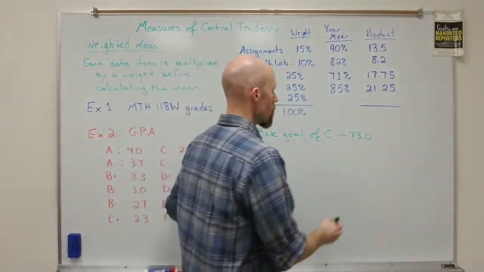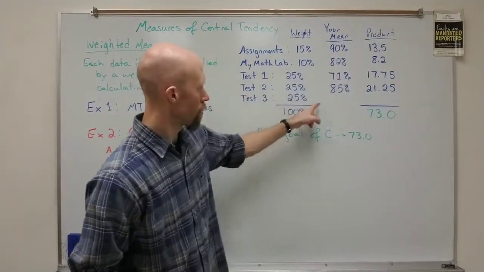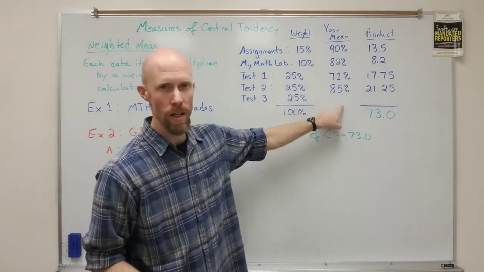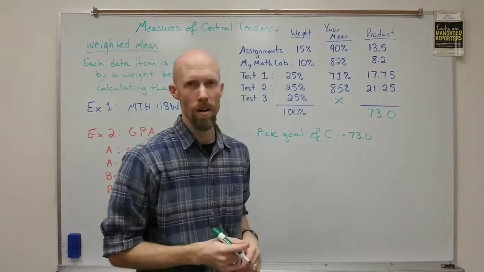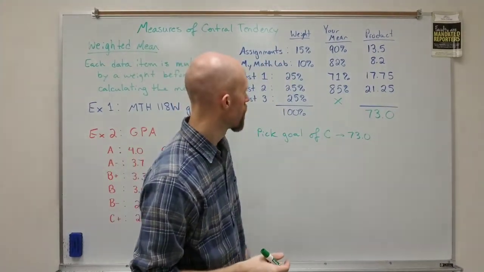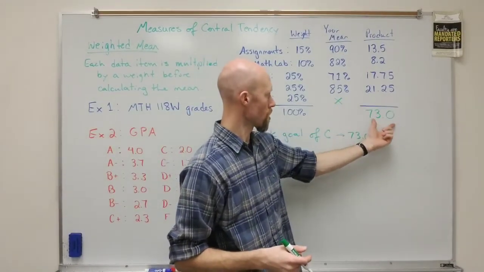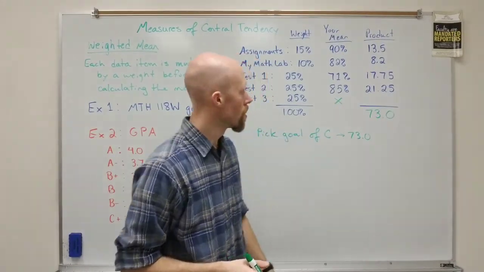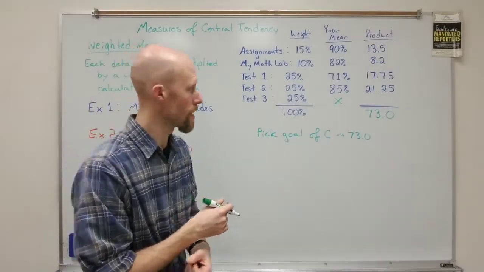In order to get 73 there, you want to figure out what does my score here have to be. I'll call that X. That's an unknown, give it a variable. So you're going to end up solving an equation. It's not too bad.